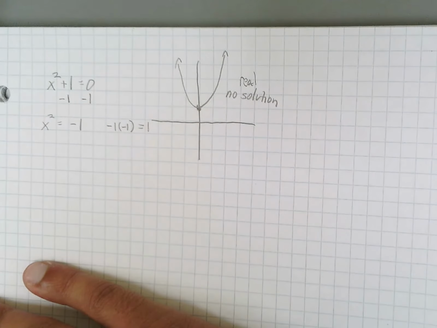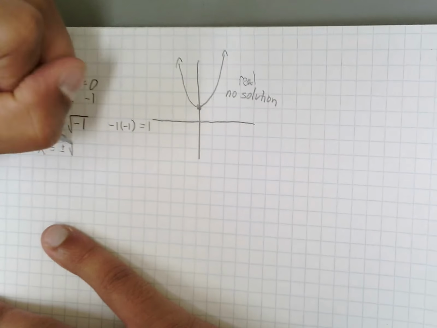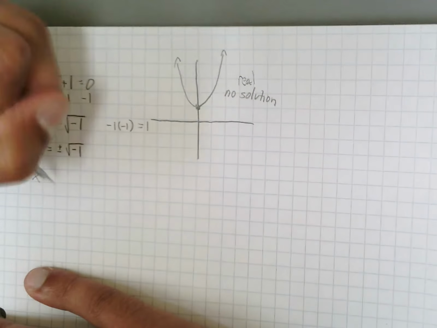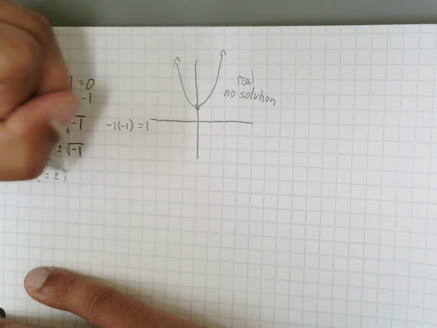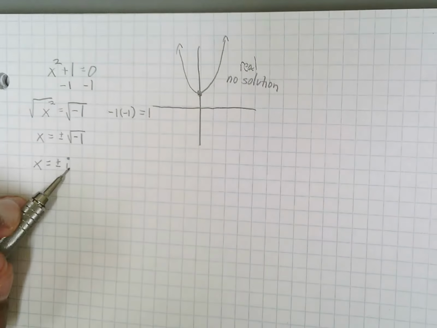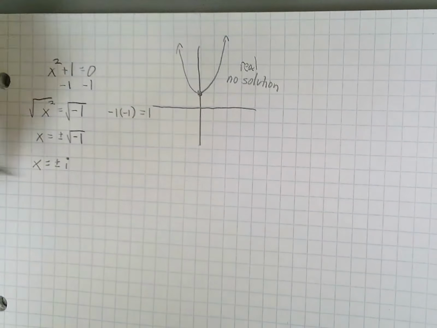Well, we've developed a number i that helps us deal with this. So if I take the square root of both sides, we write x equals plus or minus the square root of negative 1, and the square root of negative 1 is what we call i. So our two answers are positive i and negative i.